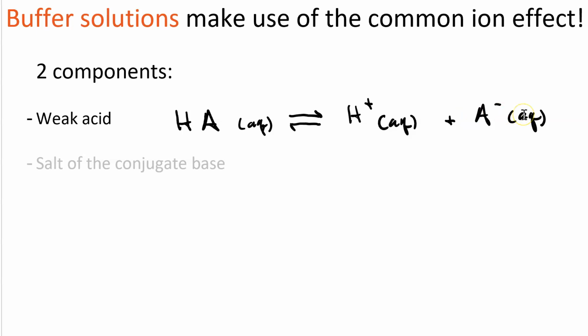Now, A minus is the conjugate base. And we need a way for the buffer solution to introduce more A minus into the solution. And the way we do that is by adding a salt of the conjugate base, like NaA or KA. This guarantees that it will be soluble if you use sodium or potassium as the ion.